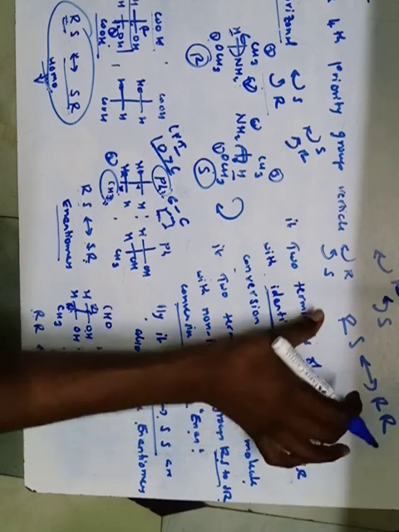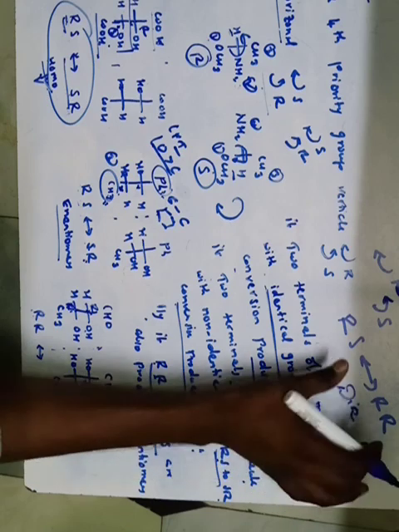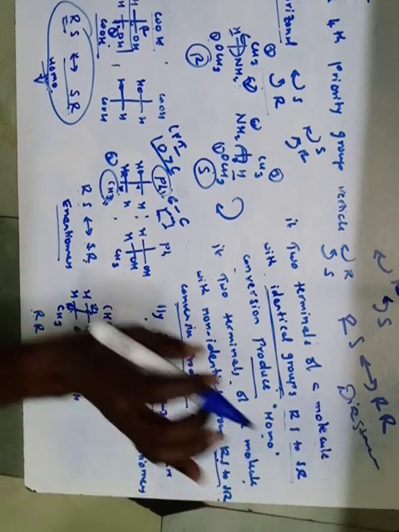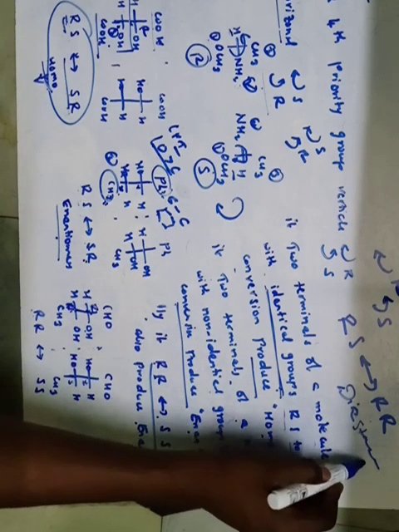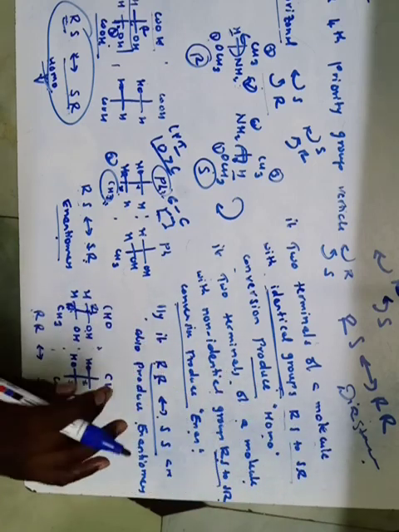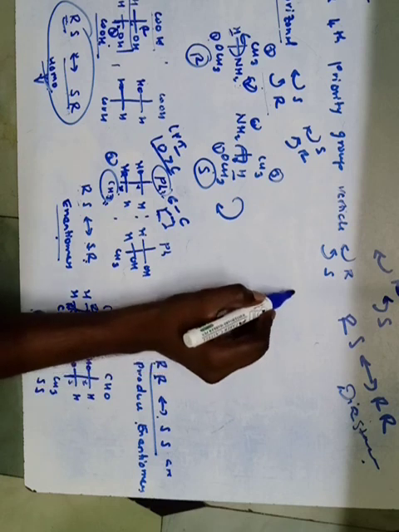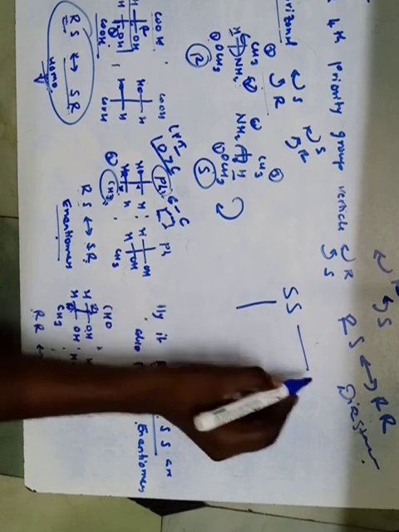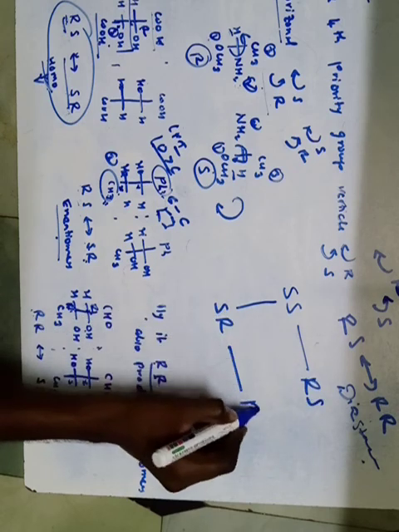Next, if RS to RR, such types of configurations are known as diastereomers. You should remember what are homomers, what are enantiomers, and what are diastereomers. I am simply writing here SS, RS, SR and RR.